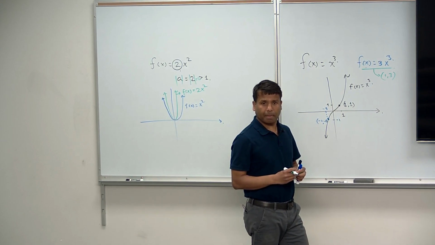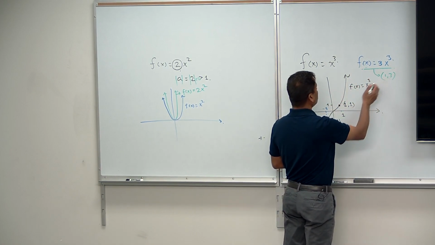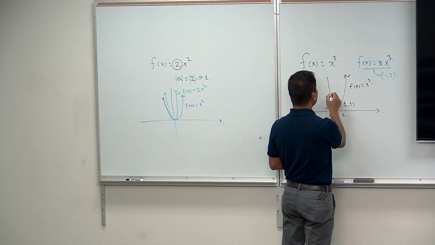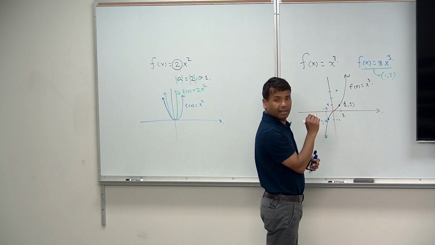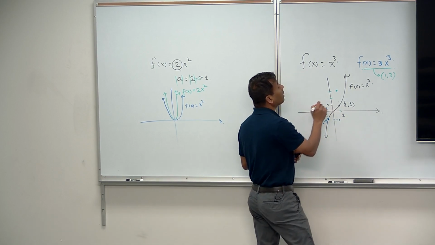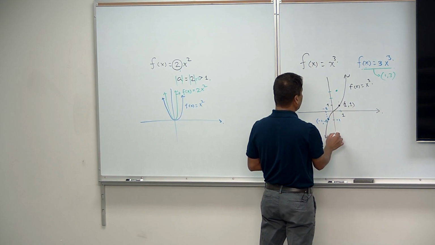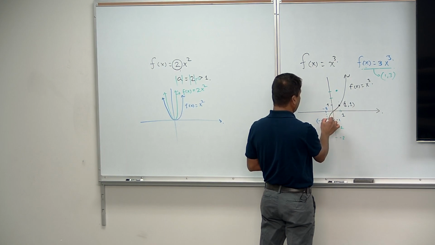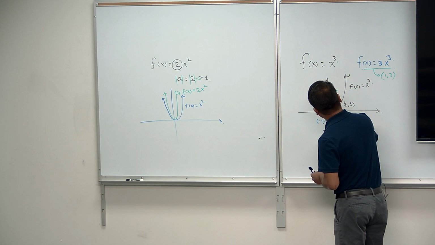Did you see that? 3 times 1 cubed is 3. And if we plug in -1, it will be -3, so it passes through (-1, -3). So now you see the graph, it looks like this.